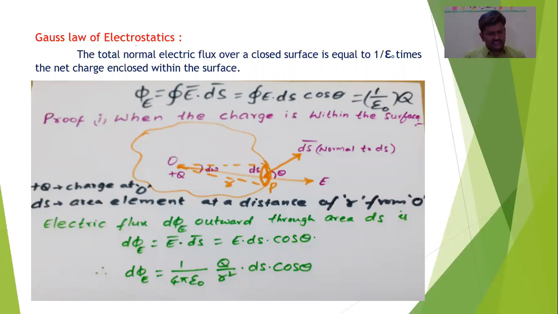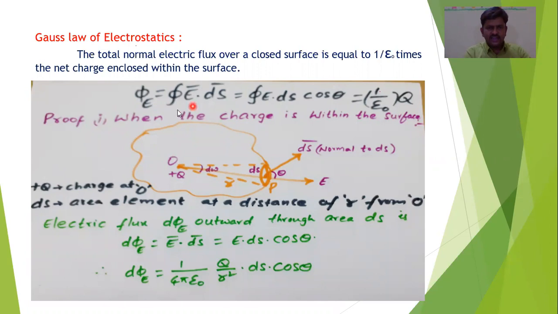Here, the Gauss law of electrostatics states that the total normal electric flux over a closed surface is equal to 1 by epsilon naught times the net charge enclosed within the surface. This is Gauss law of electrostatics. In mathematical form, we show this as phi E is equal to integral E dot ds.